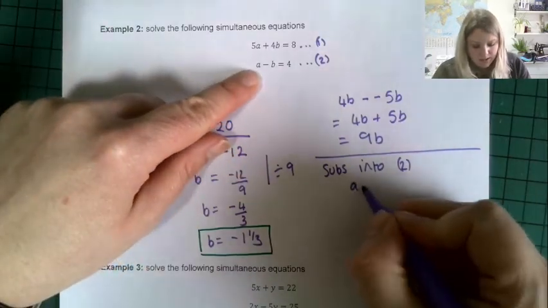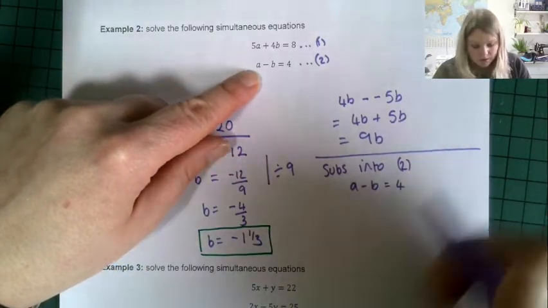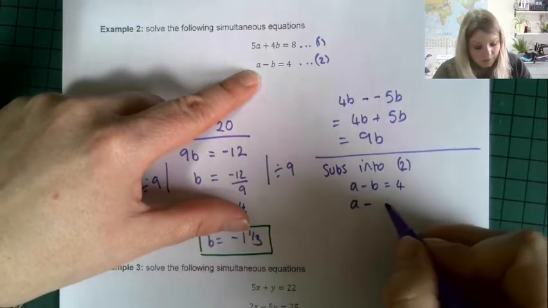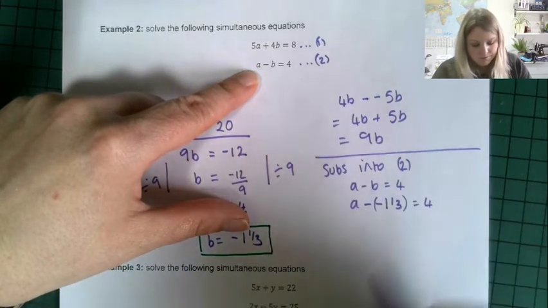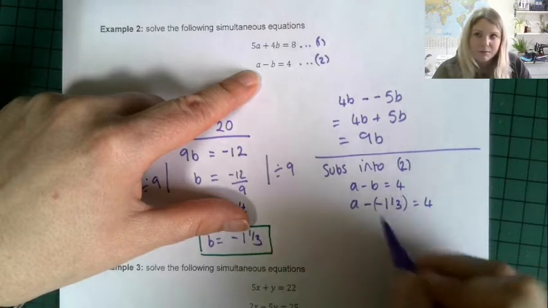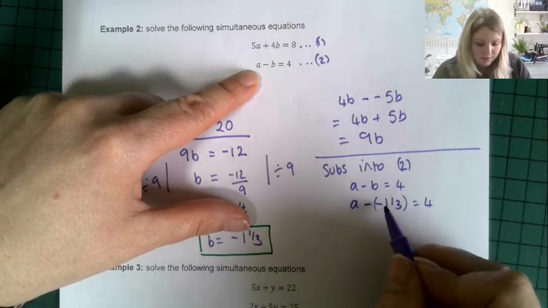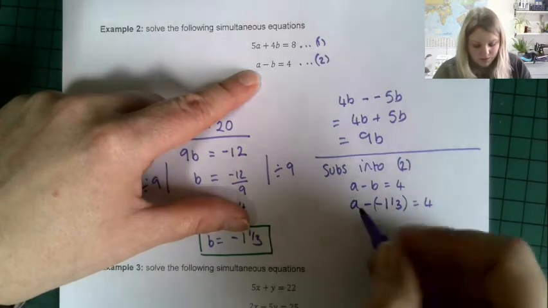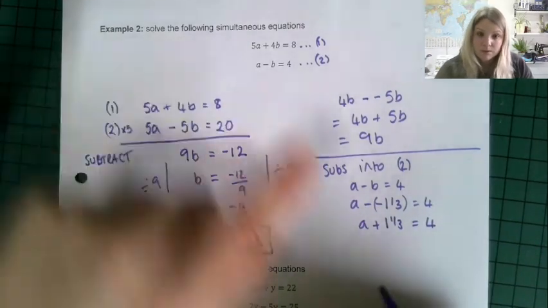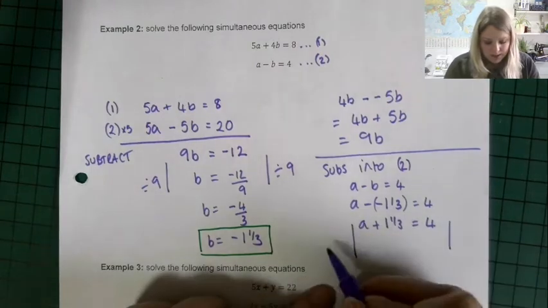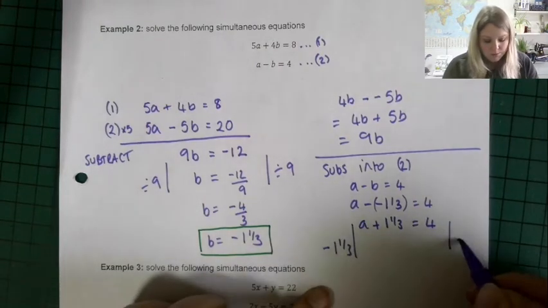So a minus b equals 4. So a minus, careful, minus 1 1/3 equals 4. So I would rewrite this to save me from making a silly mistake. A minus minus is the same as a plus 1 1/3. So to get a on its own, I need to take away 1 1/3 from both sides.